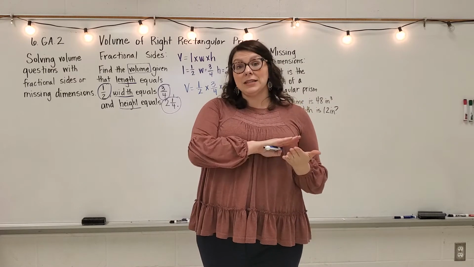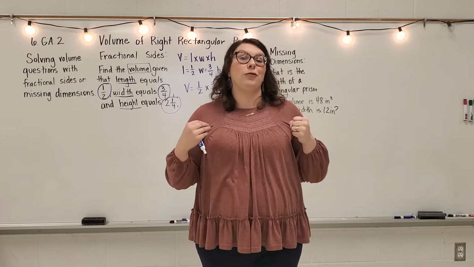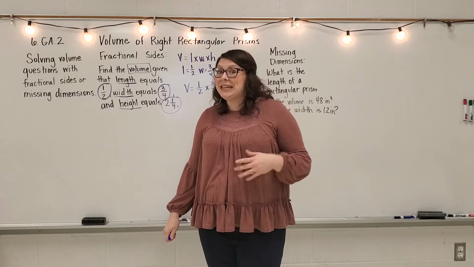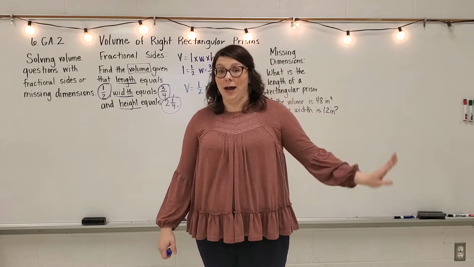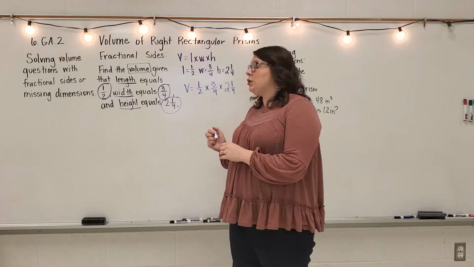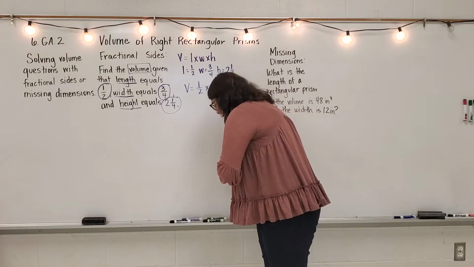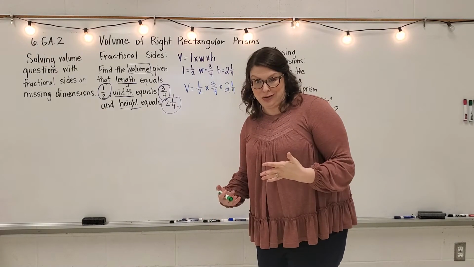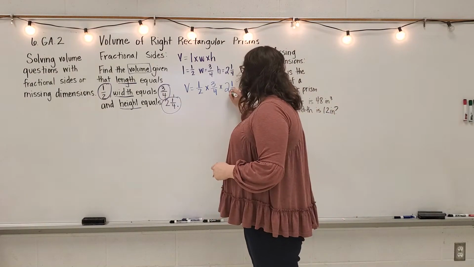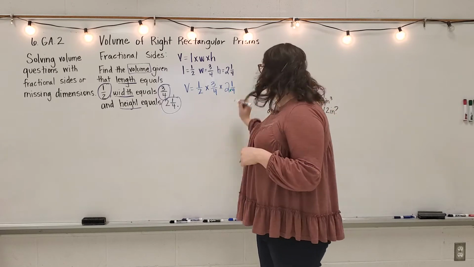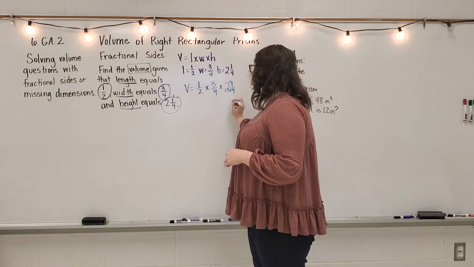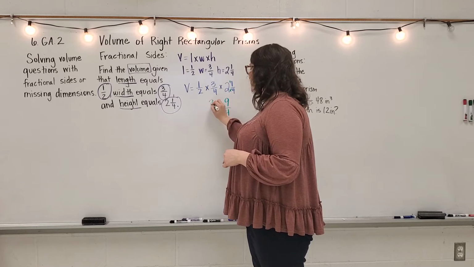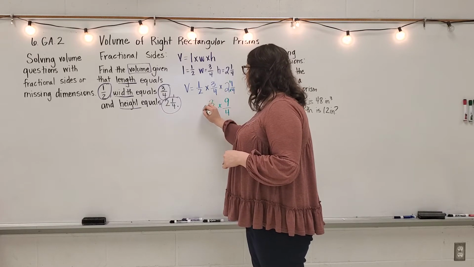A mixed number is a really nice way of writing an improper fraction. So in order to have just a numerator and a denominator, I'm going to convert this mixed number back into an improper fraction. So 2 times 4 is 8, plus 1 more is 9. That is something you learned in fifth grade, okay?